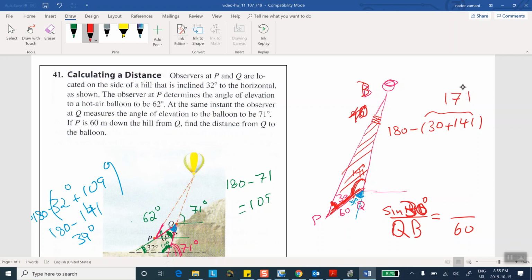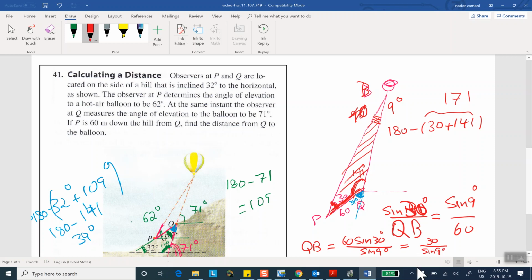So it looks like this is sine of 9. We're going to get QB equal to 60 times sine of 30 over sine of 9. These are all degrees, okay? First of all, 60 times sine of 30 is 30, divided by sine of 9.